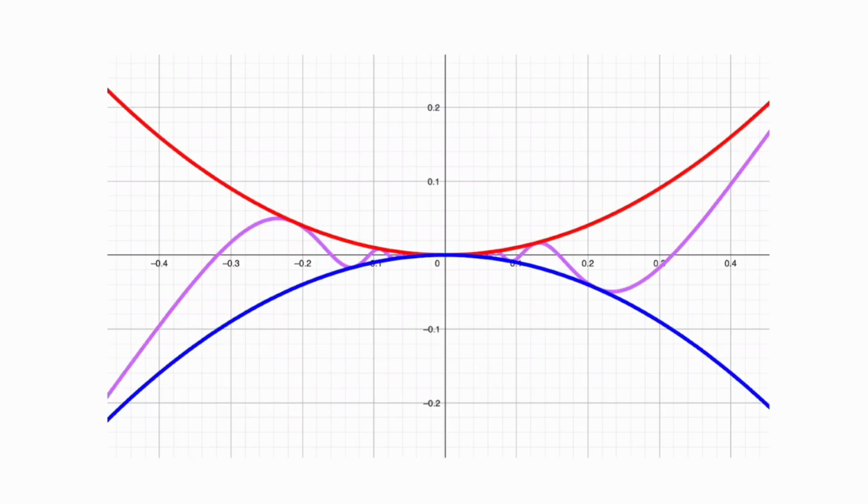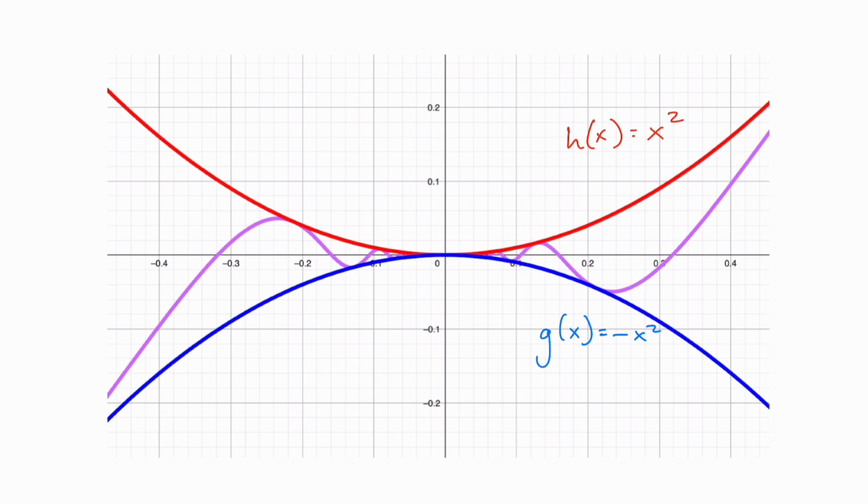And I have a graph here made in GeoGebra, so it is a little bit easier to tell what's going on here versus my own drawing. Our red line here, that's our h of x value, which was x squared. And in blue, we've got g of x, which is negative x squared. And the purple is squeezed in between them.